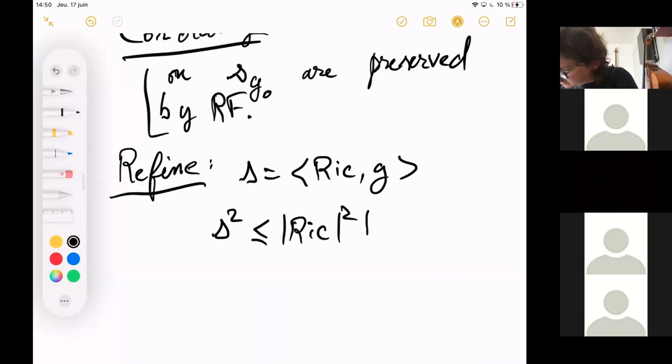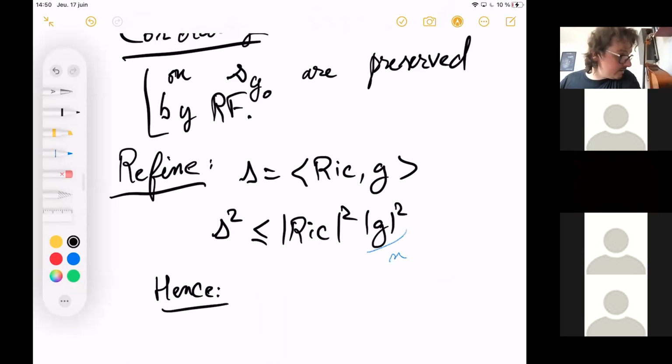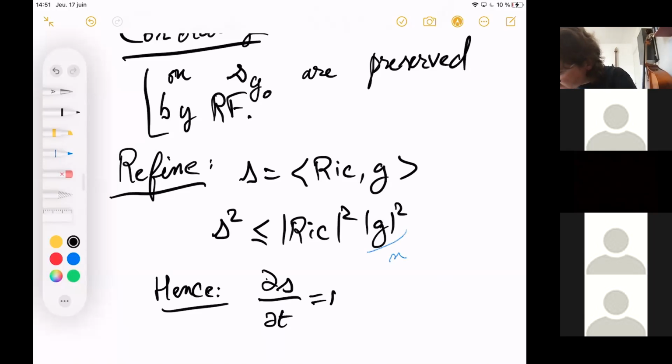So this is the norm of g squared, and this is a trace, so this will be n, hence what that tells us is that now I can use that to show this, not equal, sorry.